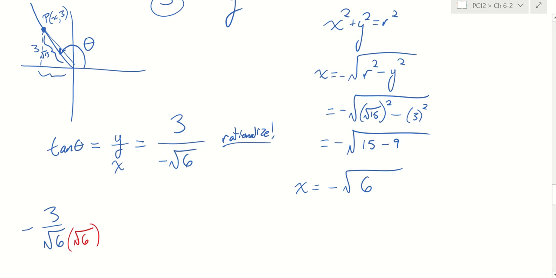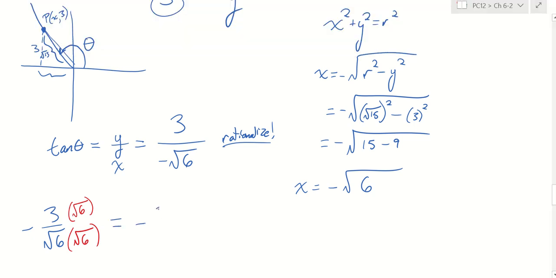Root 6 times root 6 is just going to be 6, so it's going to be rational. But I'm only allowed to do this to fractions if I also multiply the numerator by the same quantity, right? That way, I'm scaling up the numerator in the same way that I'm scaling up the denominator, so I'm really not changing the value of the fraction.